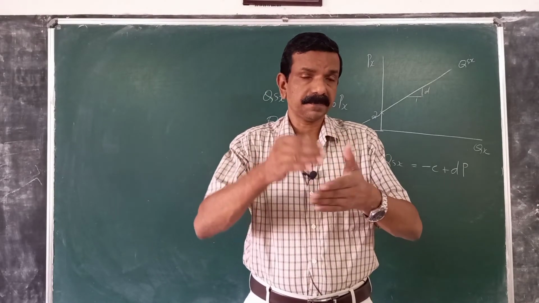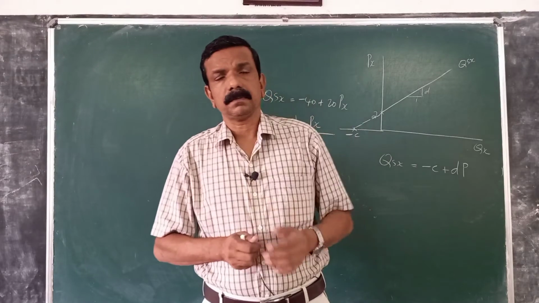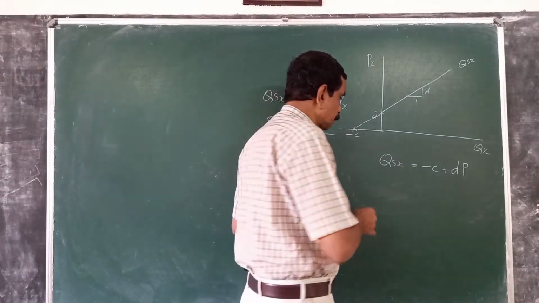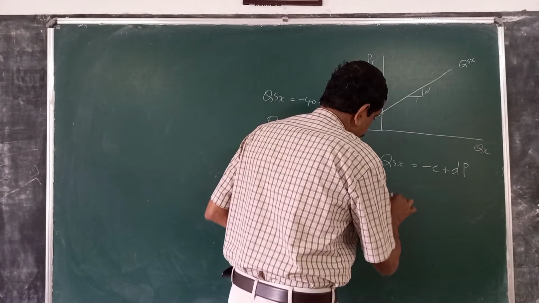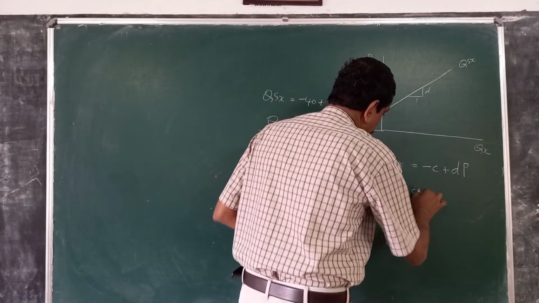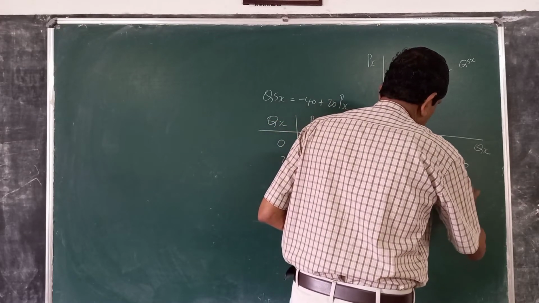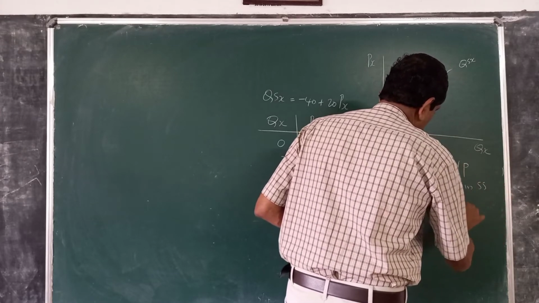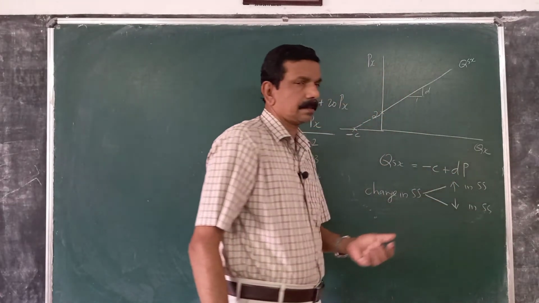The shift in the supply curve resulting from factors other than price is known as change in supply. It can be an increase in supply or a decrease in supply, as in the case of demand.